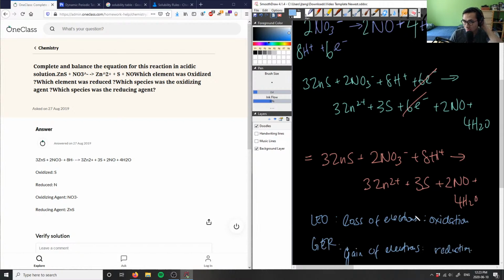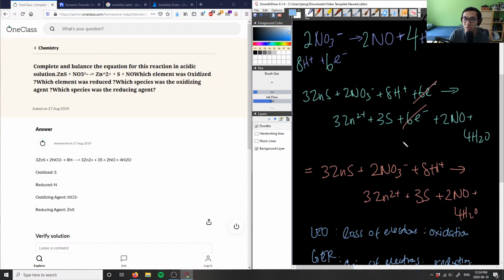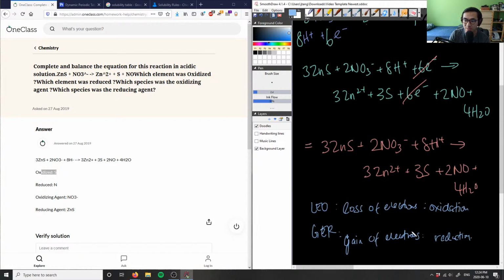If we look at our half reactions, ZnS is going to be losing electrons, and NO3 is going to be gaining electrons, which means the sulfur is going to be oxidized here. I'm losing electrons on the sulfur, and N here is going to be reduced because I'm gaining electrons.